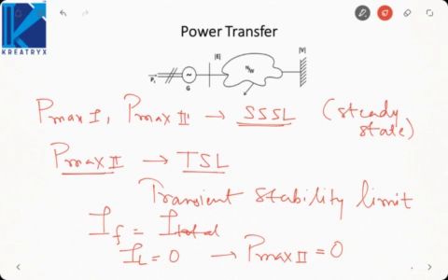Steady state stability will only be studied when the system is under steady state. There you have to ensure that the shaft input of the machine must be less than P max. But during the transient state, when the system is oscillating, you can exceed P max, but only for a shorter duration. You cannot settle down to a value greater than P max. You can only temporarily exceed that. That is why TSL can be exceeded but not triple SL.